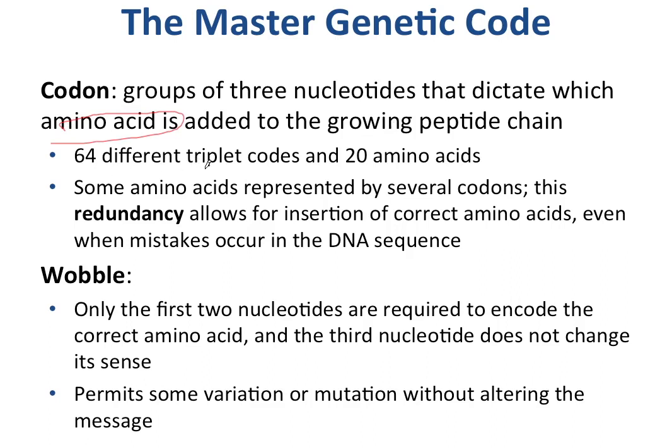This is called the triplet code. There are 64 different triplet codes, and some of these codes are used to represent 20 amino acids. So some amino acids may have more than one code. They have several codes.